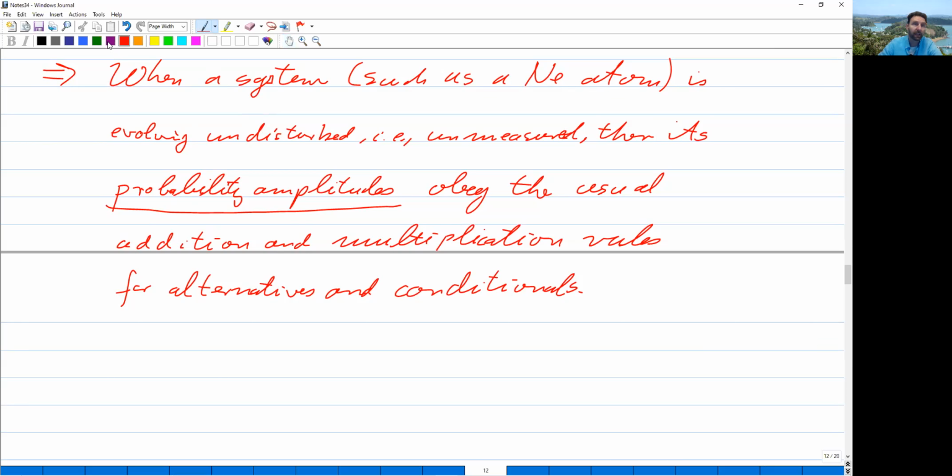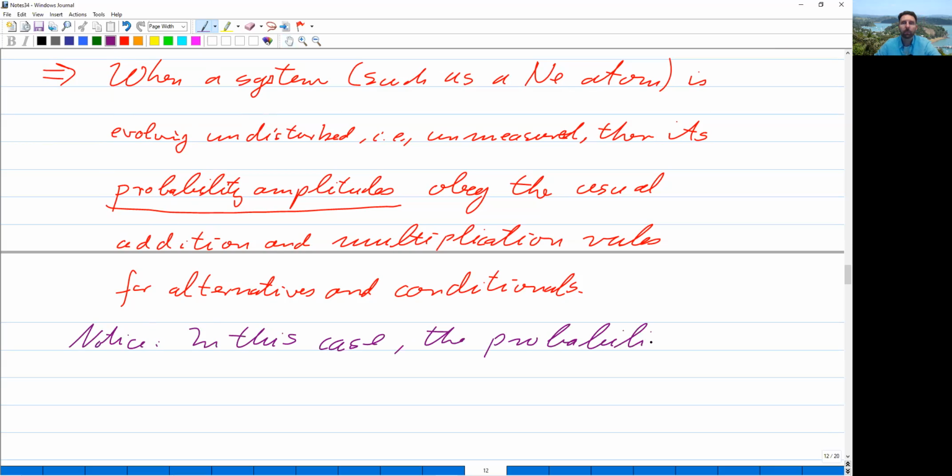So the moduli squared do not obey the usual addition and multiplication rules then. So notice, in this case, that is to say, in the unobserved case, the probabilities do not obey these rules.